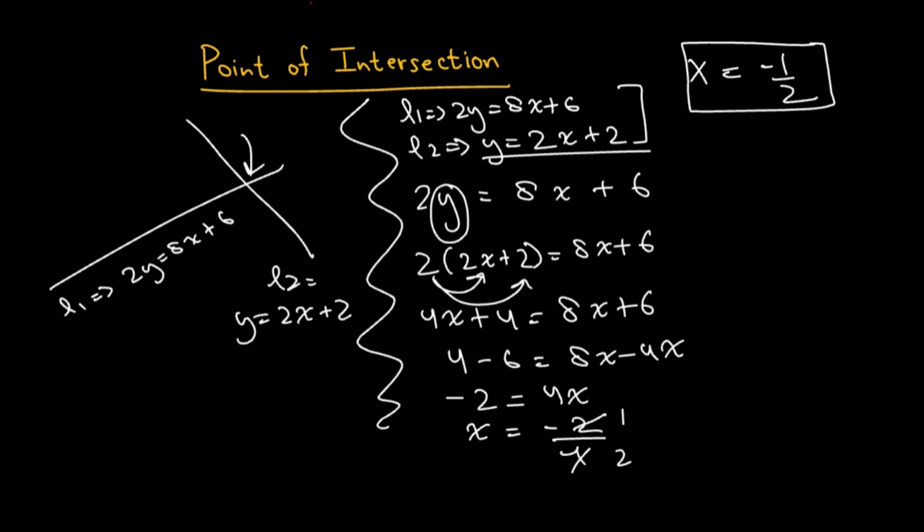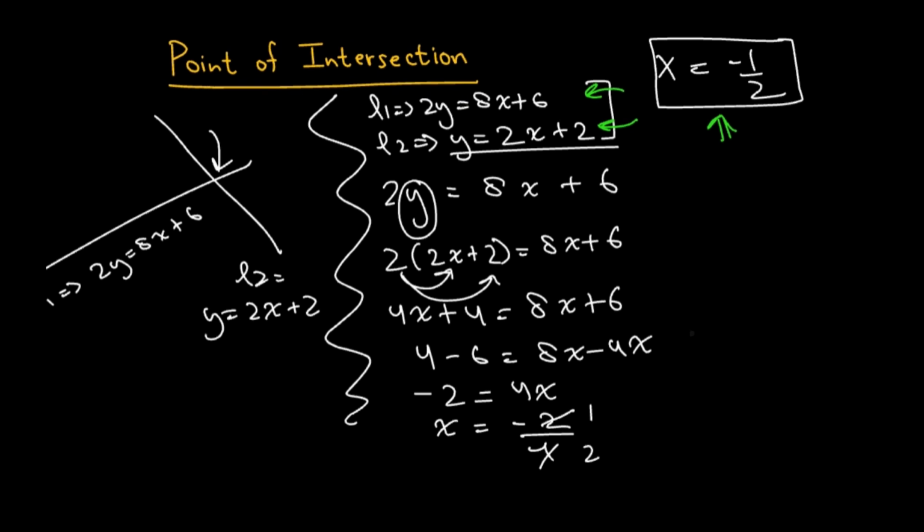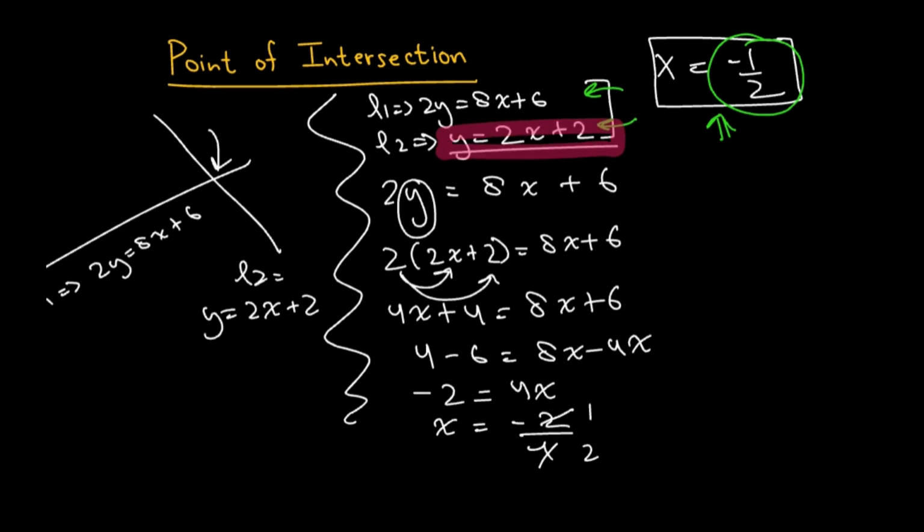Now to find the y coordinate of the point of intersection, substitute x equals -1 over 2 in either line L1 or L2. I am choosing the equation of line L2. So you have the equation y equals 2x plus 2.